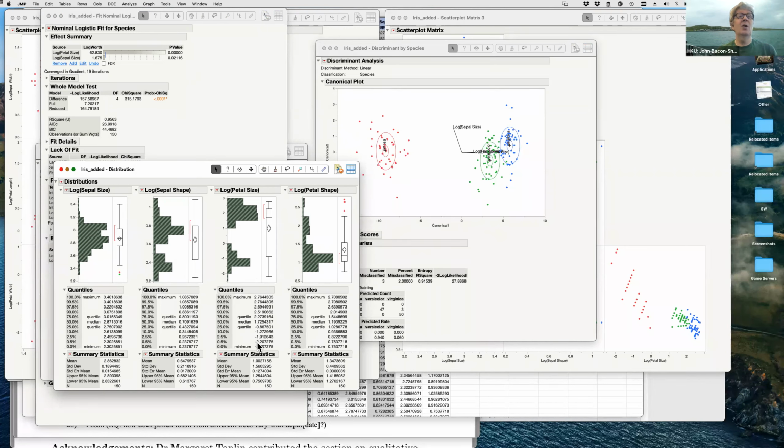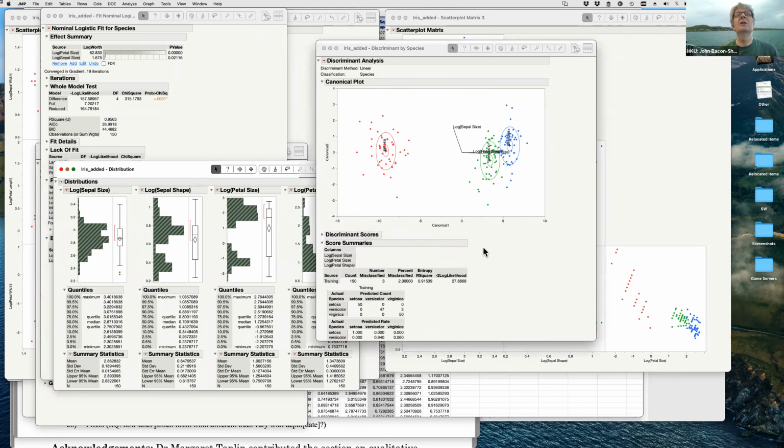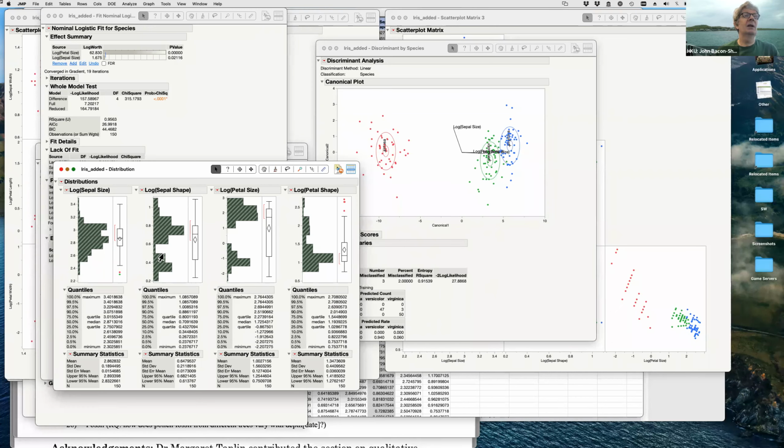That's why we've got both positive and negative. Let's look at it on the original scale. I can't see my colors on here, right? That's a slight problem.